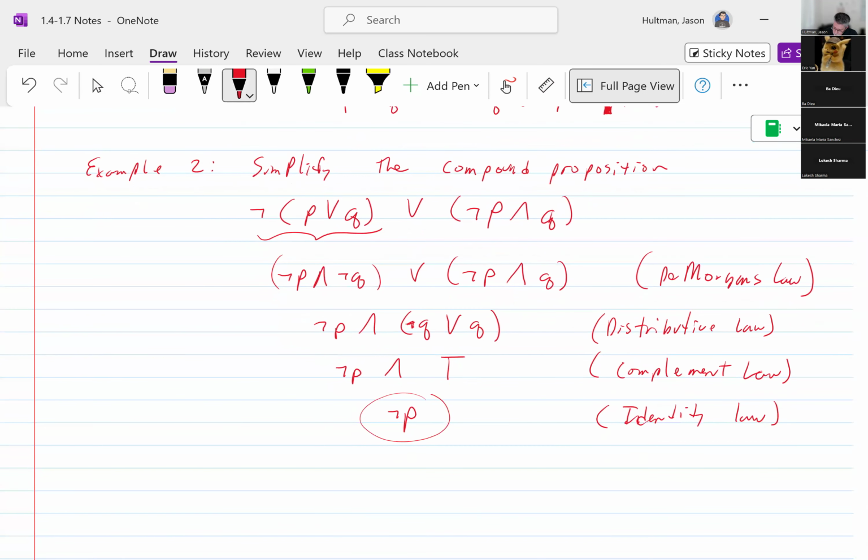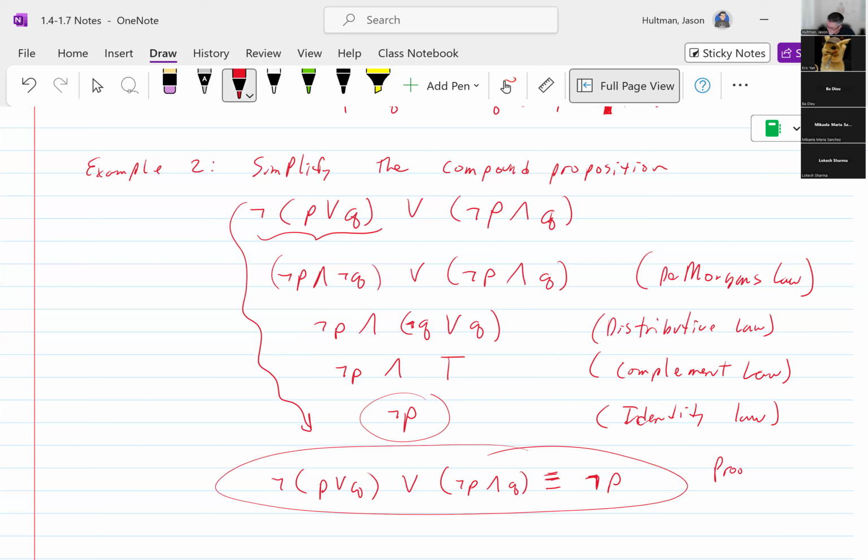If we wanted to make the statement not (P or Q) or (not P and Q) is logically equivalent to not P, I could do that, but I would have to set up a formal proof. This is a simplification, not a proof. If I wanted to do this, I would need to do a proof, which would list all of my justifications and my reasons.